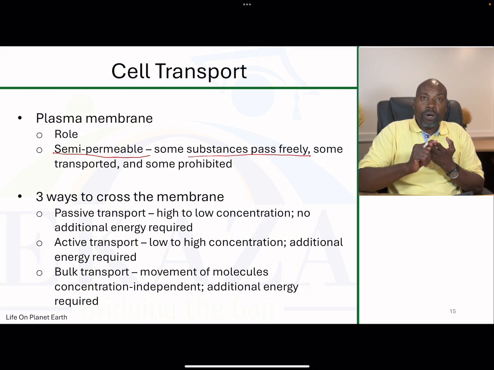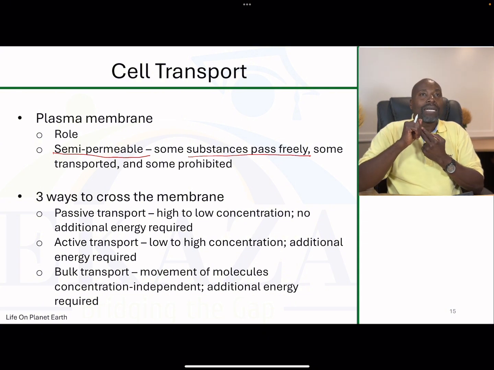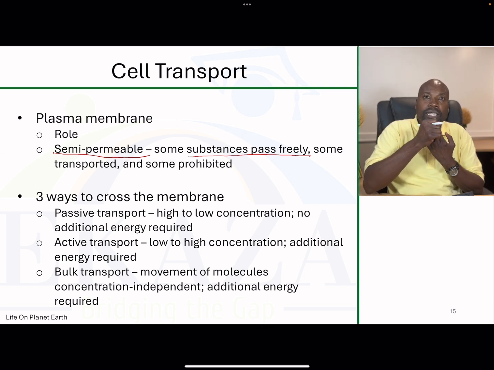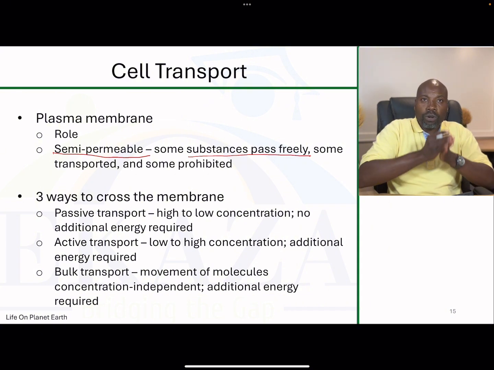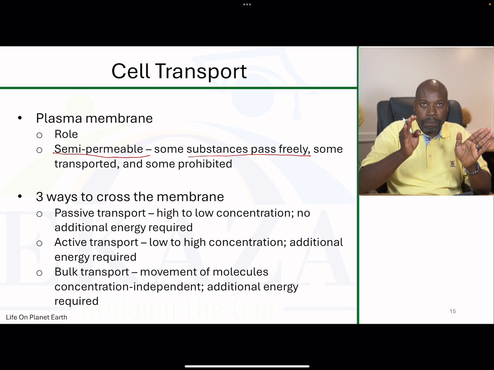An example of those are, for instance, nitrogen gas, carbon dioxide, oxygen, to name only these three gases. These molecules are small enough to be able to diffuse across the plasma membrane freely.